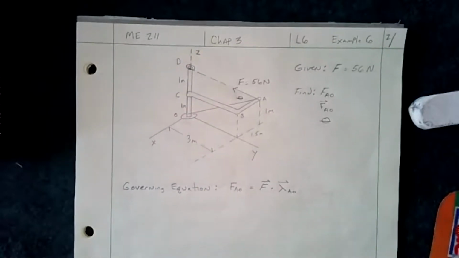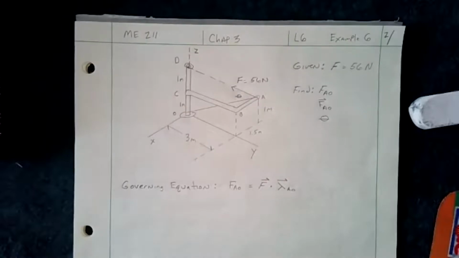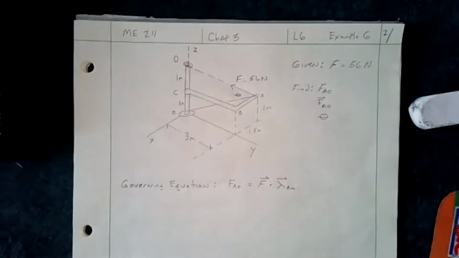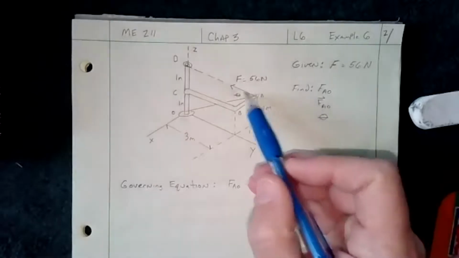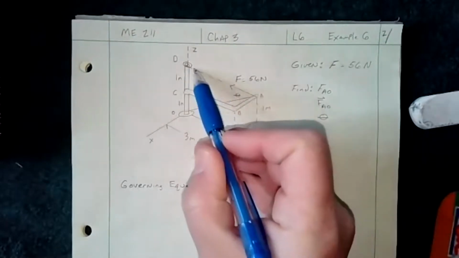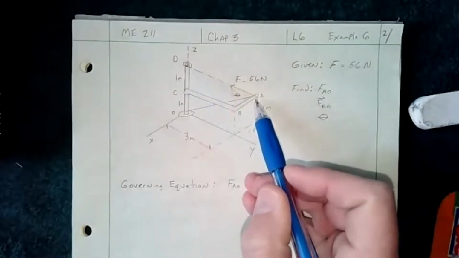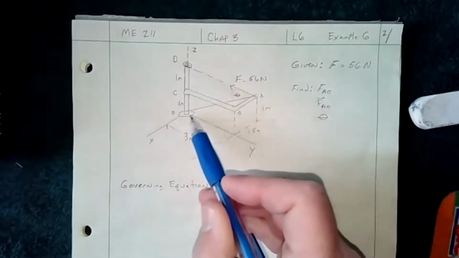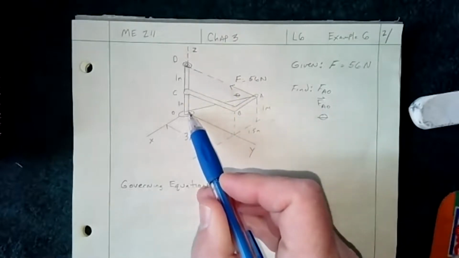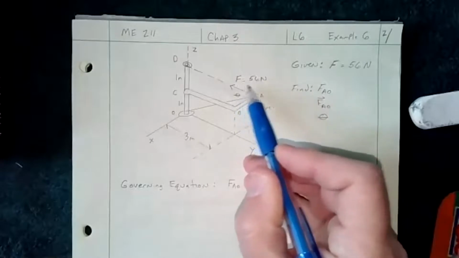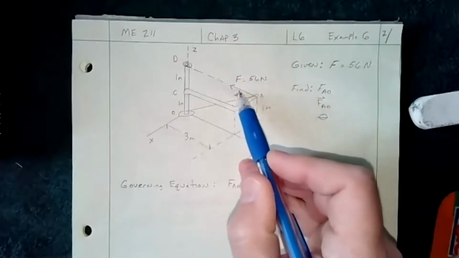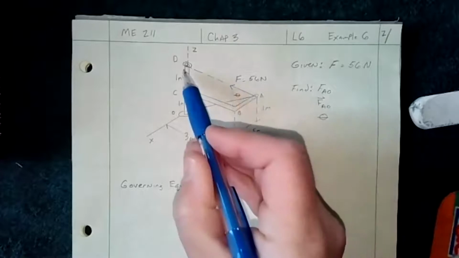All right, so there's what the problem looks like. That's what we had. We had the 56 newtons going from A to D. We had a line going from A down to O. We were given that 56 newtons is the magnitude of this force AD.